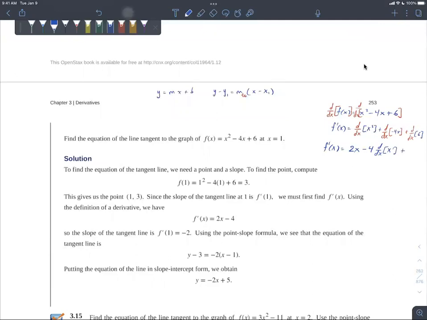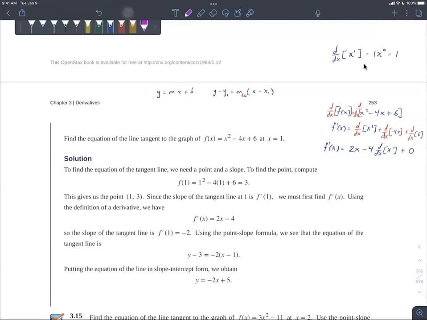And then the derivative of a constant, we can take right away. That's 0. And so what is the derivative d dx of x to the first power? According to the power rule, we bring down the exponent. That's going to be 1 times x raised to the 0, because we subtract 1 from the exponent.